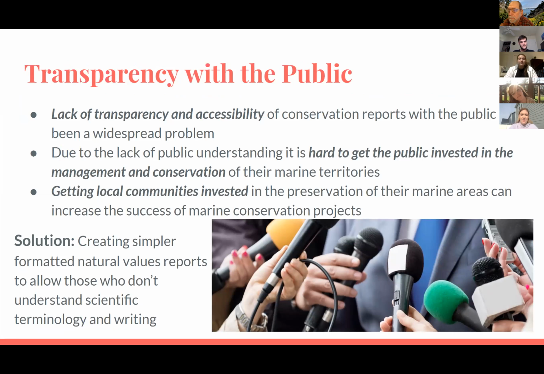So one of the main issues that I just stated was that there needs to be more transparency with the public. So the lack of transparency and accessibility of reports and findings has been a serious problem. And due to this, there's a lack of public understanding, and it's really hard to get the public invested in management and conservation of these areas.